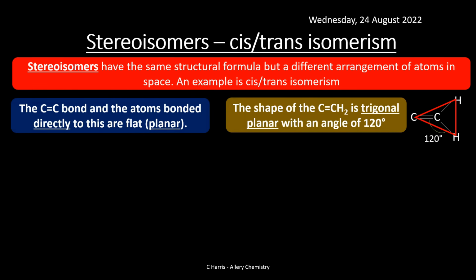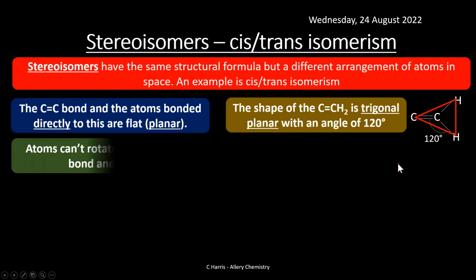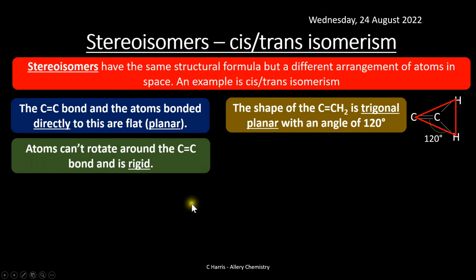The shape around the C double bond C is trigonal planar with an angle of 120 degrees. You would have seen these bond shapes in topic 3, the bonding topic. So this is a planar molecule, trigonal planar, with a bond angle of 120 degrees.